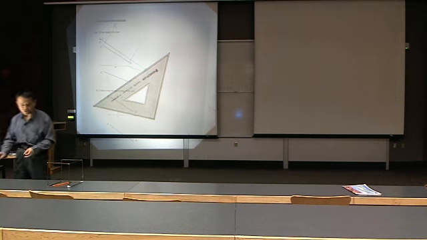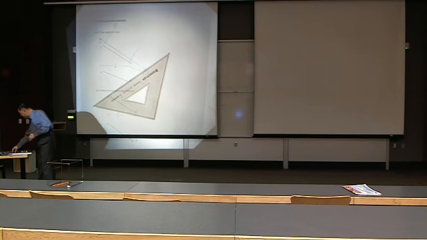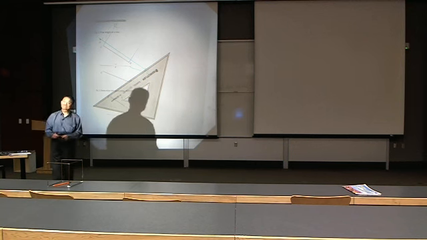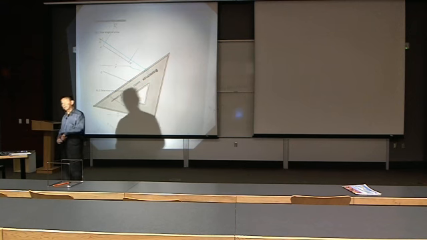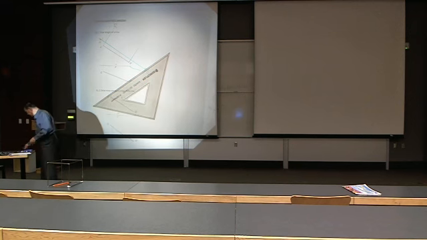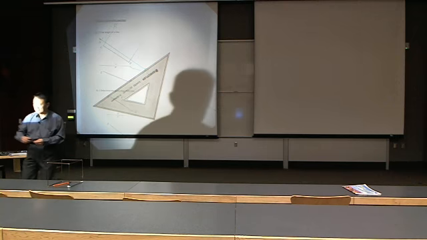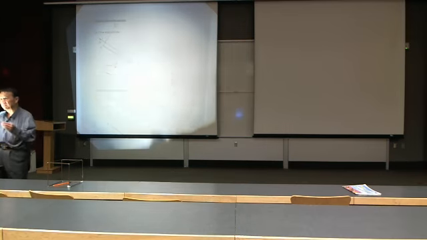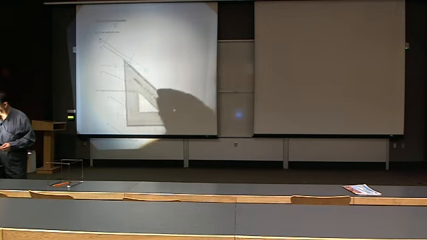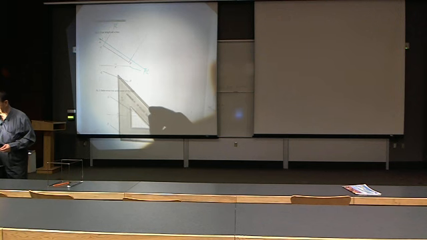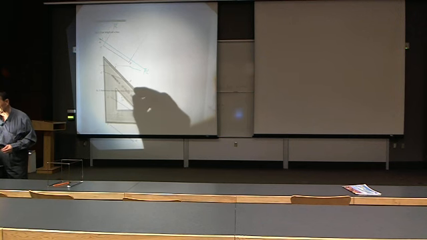Then we have to use the concept that I just said. In any elevation view, I may measure the height of the feature, or the line, point, or plane. So I have two elevation views in this case. This is the horizontal view. This is an elevation view perpendicular to the horizontal view.